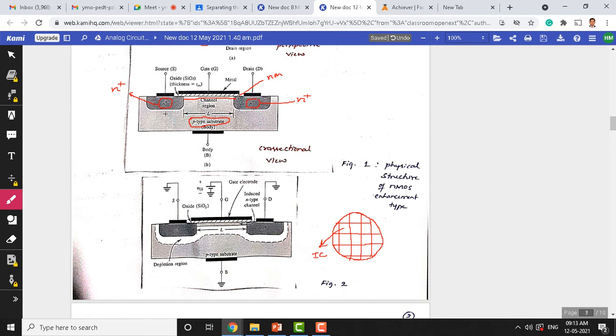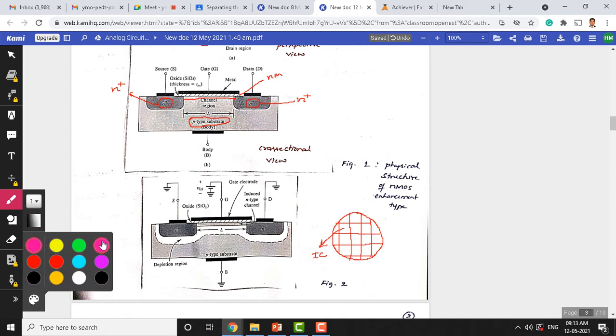There is N plus here and P type substrate here. This looks like a PN junction here. Let me show the PN junction here. A diode like this, and there is even one more diode here like this. So P type is the substrate here. I would like to write here. This is a diode that we are seeing here.